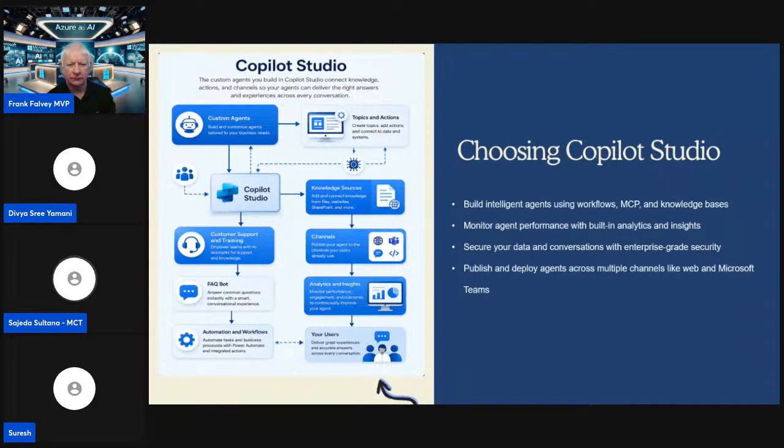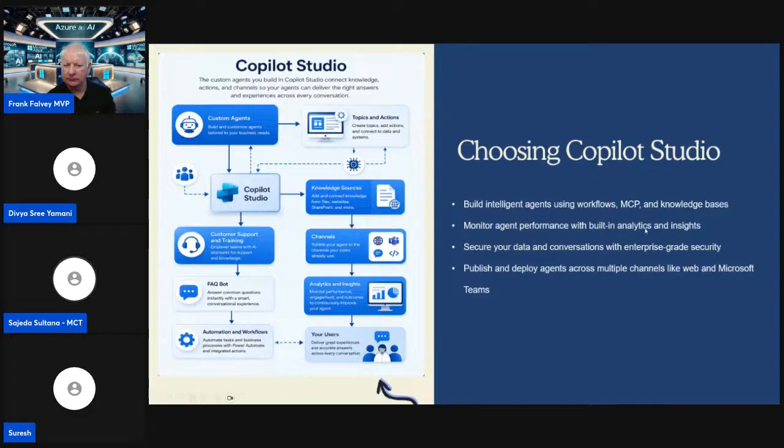Now the question: why should we choose Copilot Studio? The first reason is the ability to build intelligent agents using workflow, MCP, and business knowledge. This allows the agent to go beyond simple conversation and connect with business data and processes.